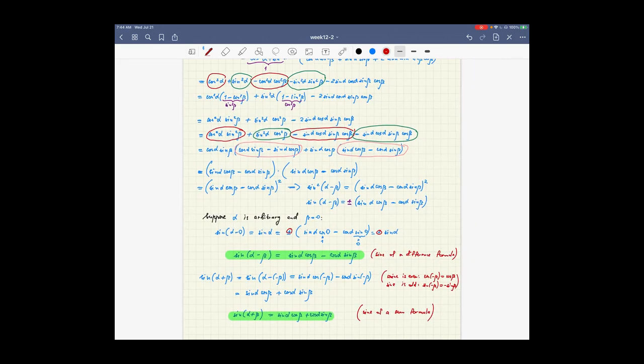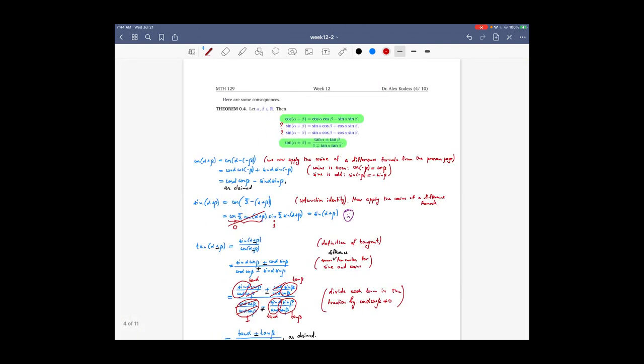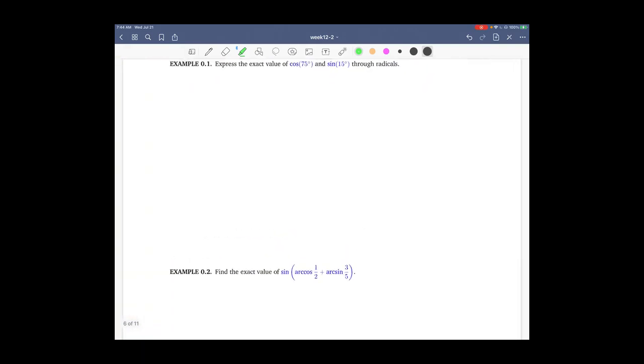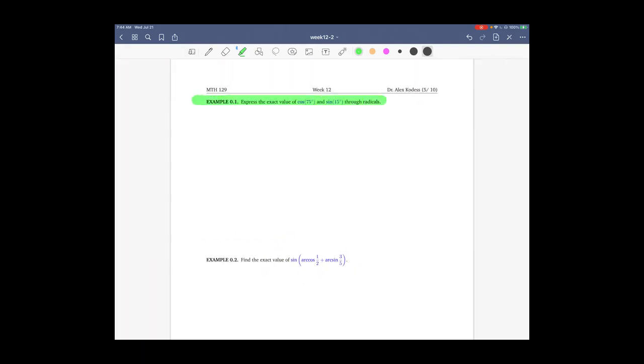All right, so now we have all of these formulas done. We have proved them, we have properly explained them. And what's left to do now is to look at some computational examples on the next page. In the first of these examples, we need to express cosine of 75 degrees and sine of 15 degrees through radicals. So the idea is, of course, the following.